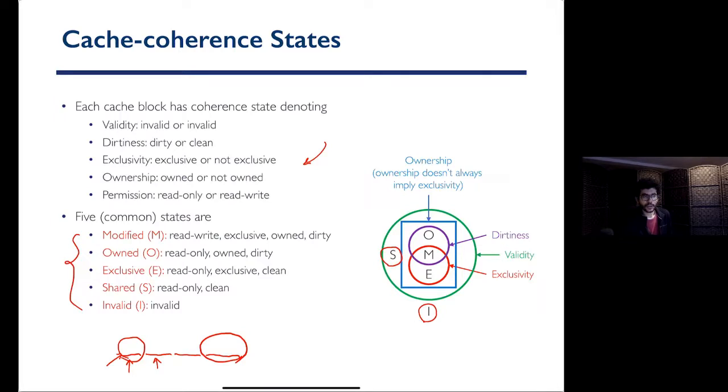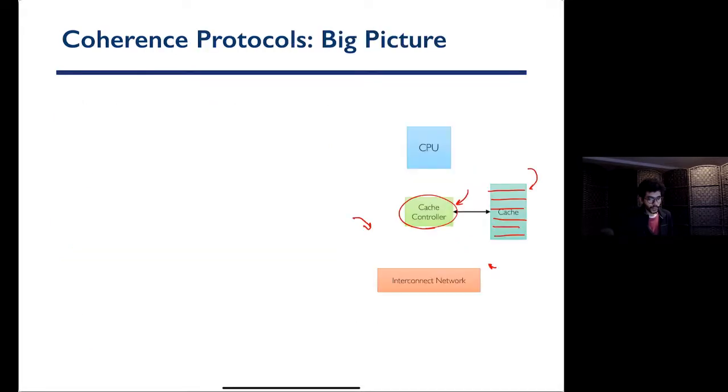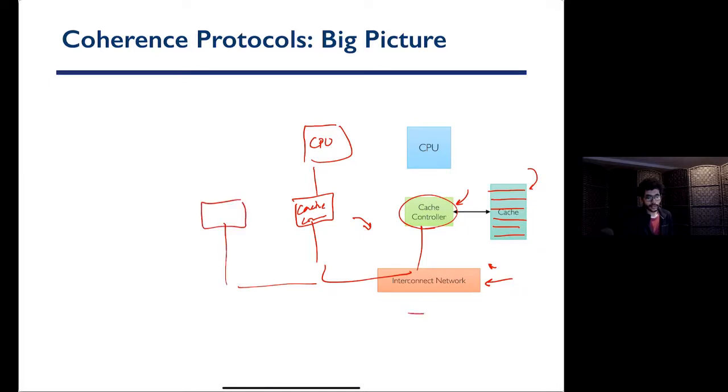Okay, so the other question is, what is the interconnect network? Because in your system you have other CPUs and they have their own cache controller. And they all are interconnected. So they're all connected to each other. So I'm calling that whole thing an interconnect network.